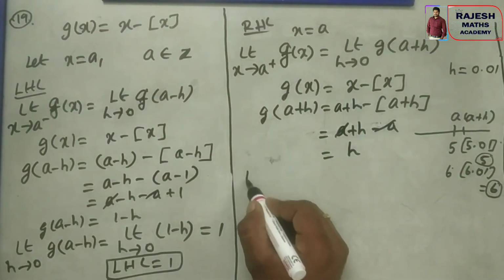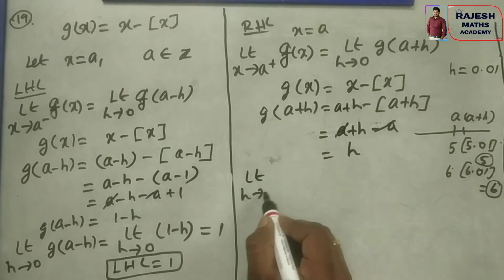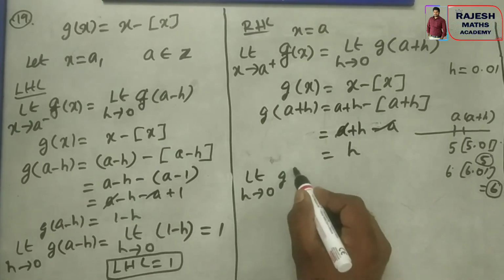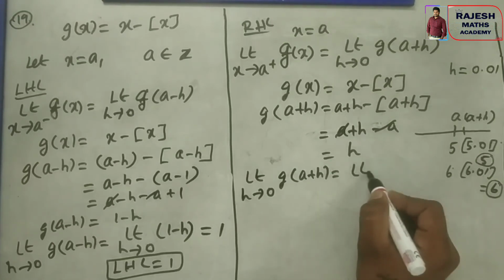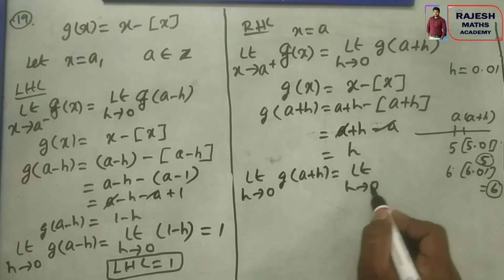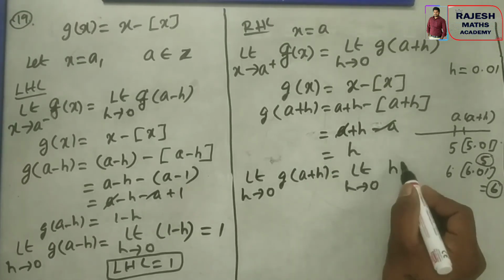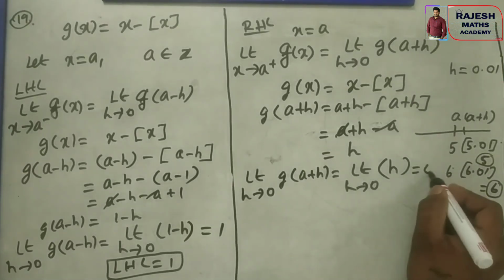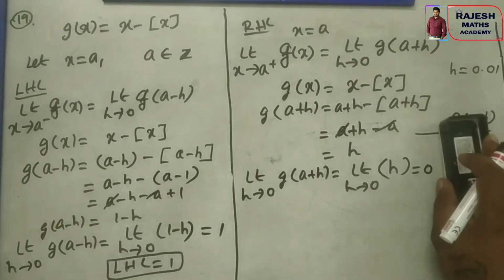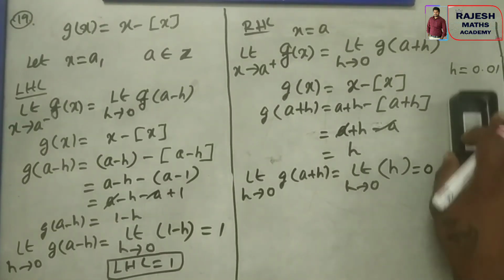Now apply the limit. Limit h tends to 0 of g of a plus h is equal to limit h tends to 0 of h. Applying the limit, we get 0. So my right hand limit is equal to 0.